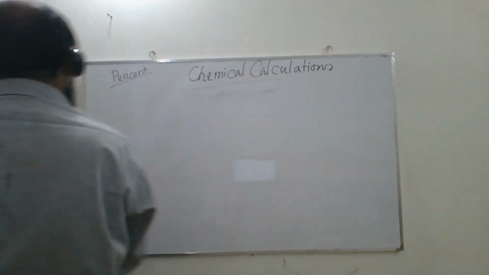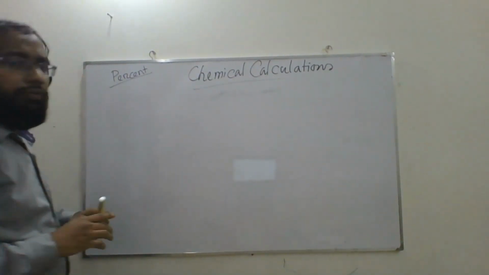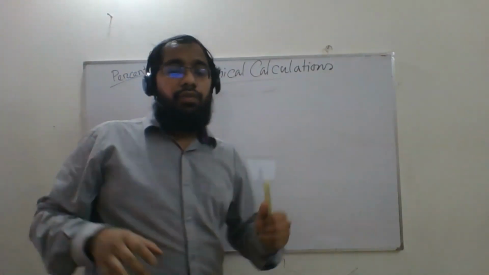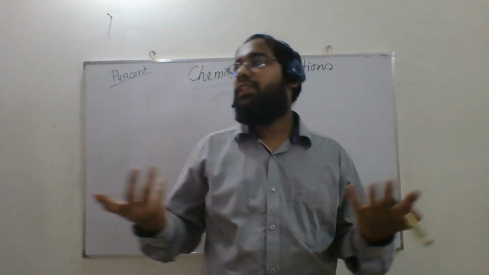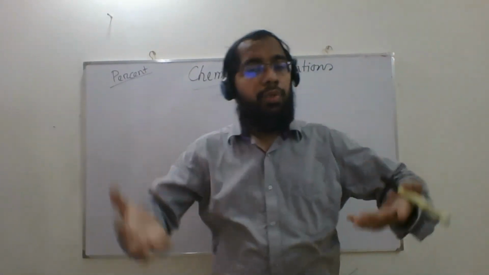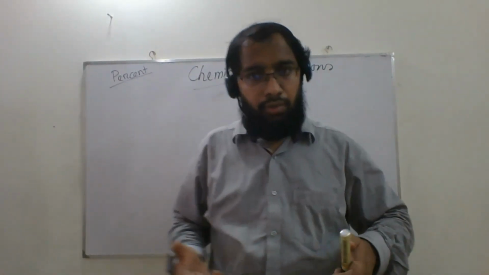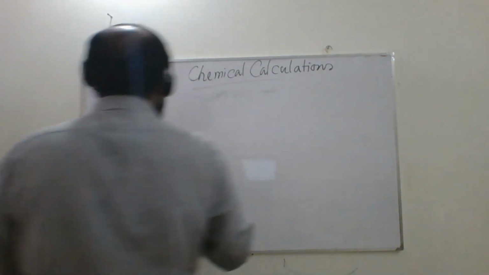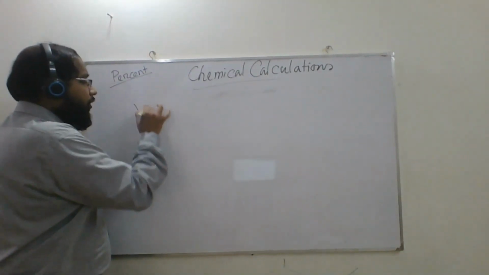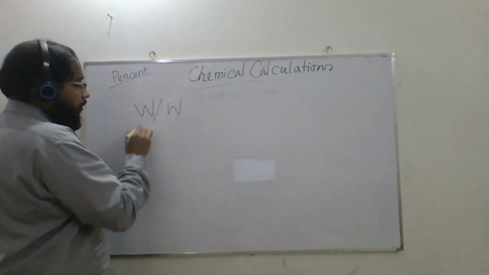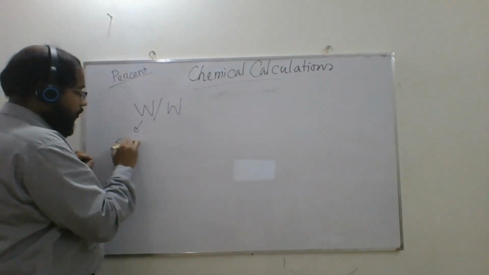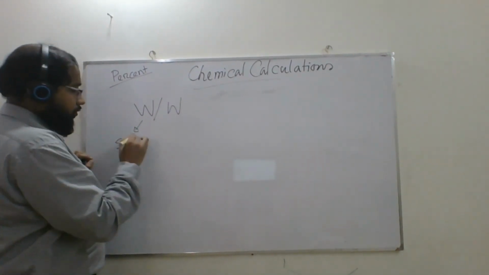Okay. So now percent composition. If we go for percent composition, that means how much in 100 ml, how much in 100 gram, how much in 100. Okay, so it could be four different types. Weight by weight, that means you use solute and solvent.